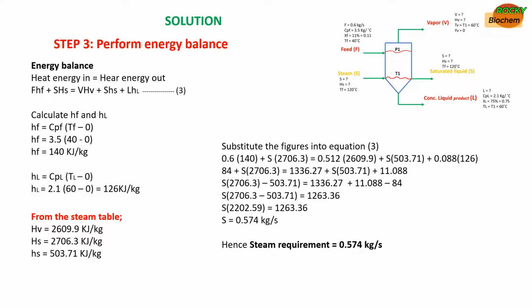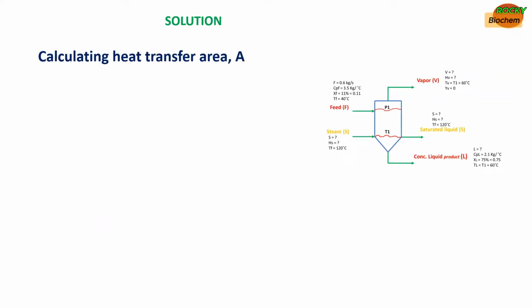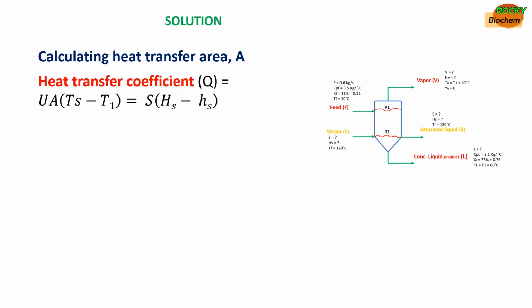Now, still on the solution, we are to calculate the heat transfer area. The question asked us to calculate the heat transfer area, and we have this formula stating that heat transfer rate Q is equal to UA multiplying TS minus T1, and this same formula is equal to S multiplying HS minus small hs.